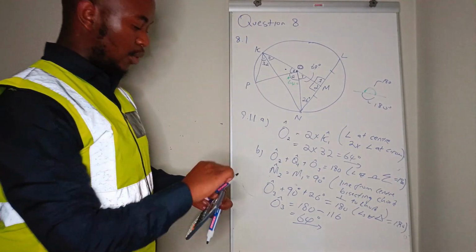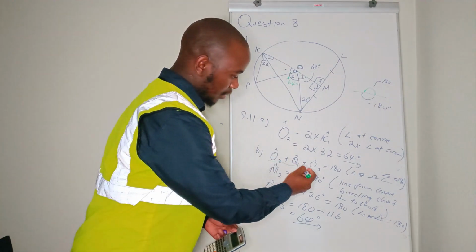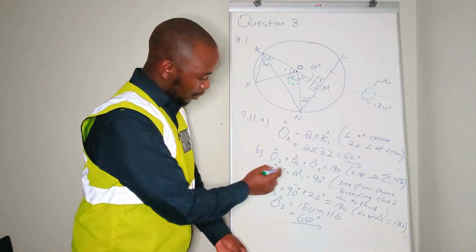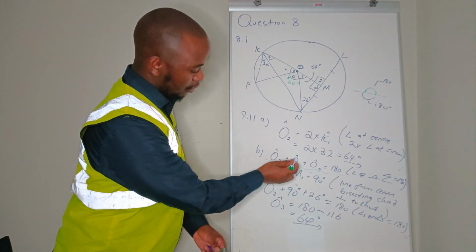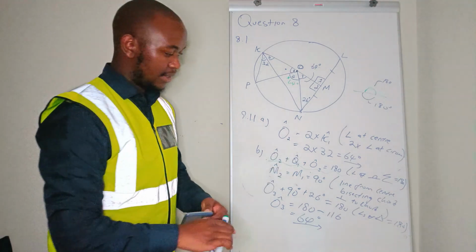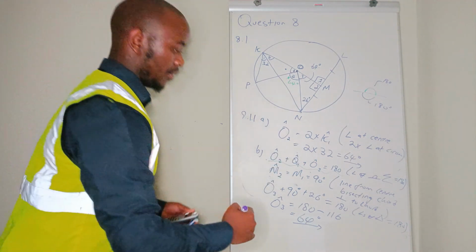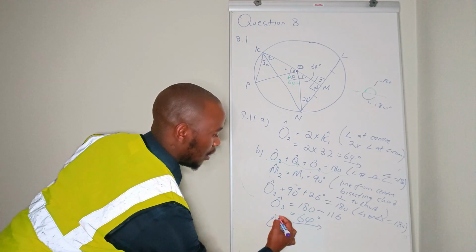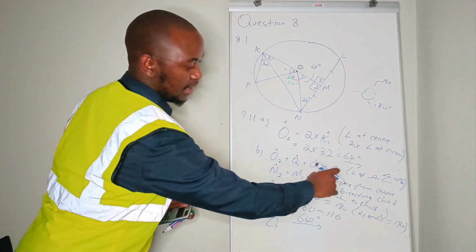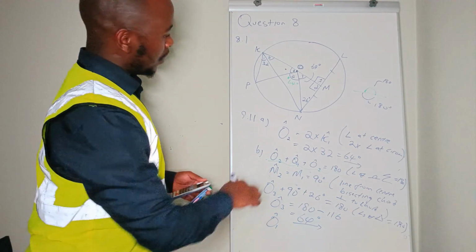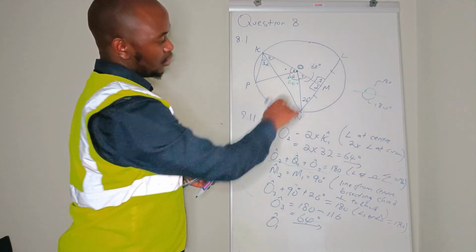Okay, now we go back to this line in here. Now we have O2, we also have O3. Then how do we find O1? So simple also. O1, we take O2, O3 to that side to separate them from 180. So O2 is 64, this one is also 64.